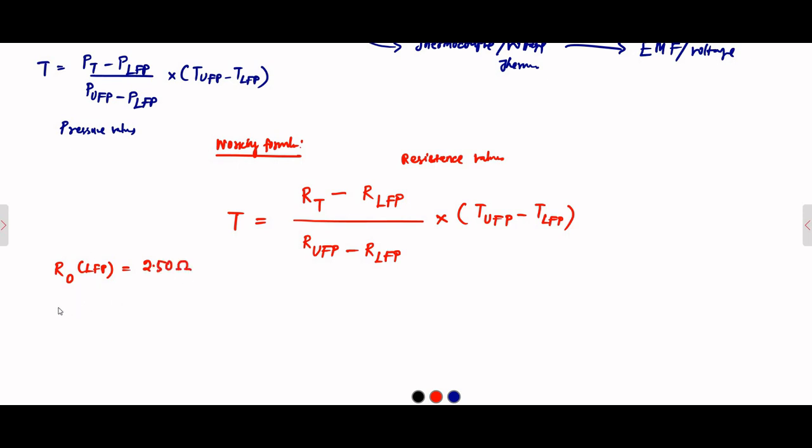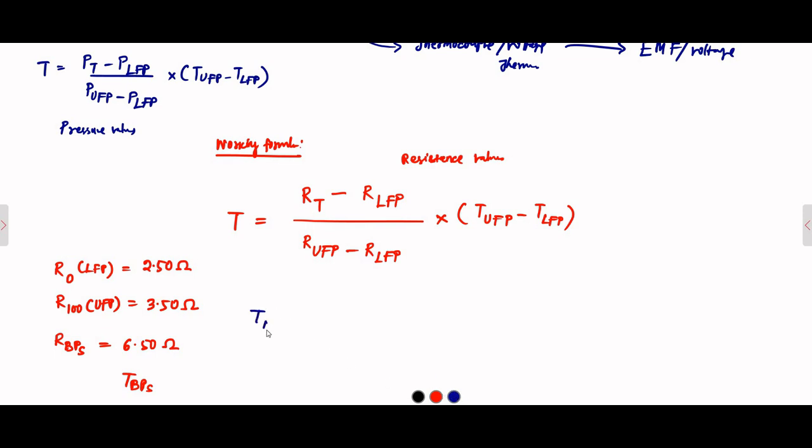The resistance at steam point, which is the upper fixed point, the boiling point is generally the upper fixed point in degrees Celsius, is given as 3.5 ohm. And the resistance at the boiling point of sulfur is equal to 6.50 ohm. We want to calculate the temperature of the boiling point of sulfur. So here we'll do that.